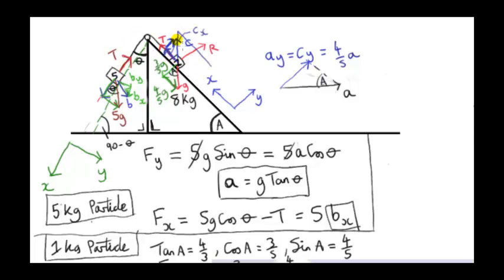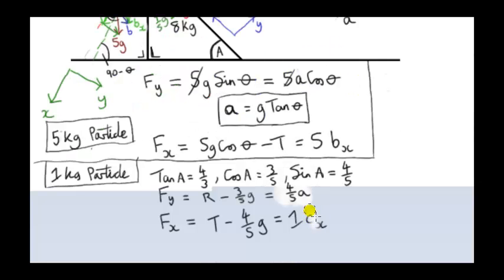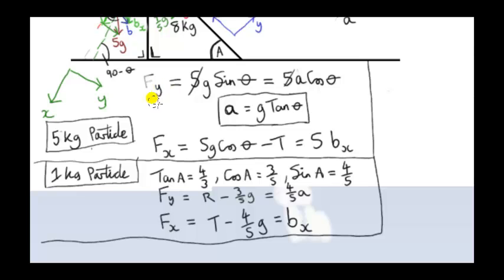So the acceleration in this direction for the 1 kilogram mass is the same as the acceleration in this direction here, because they're accelerating around anti-clockwise. As you can see, they're connected by the string. So we might as well just write b sub x in here to get rid of that unknown. I'll drop these references to the x and y components just to avoid confusion, because we're dealing with two different axes here.